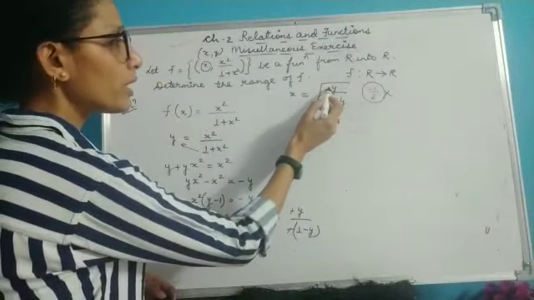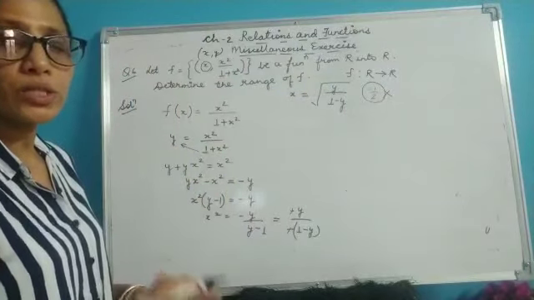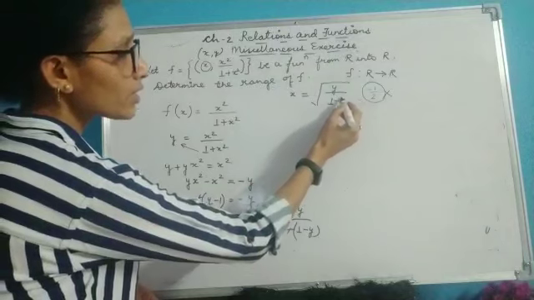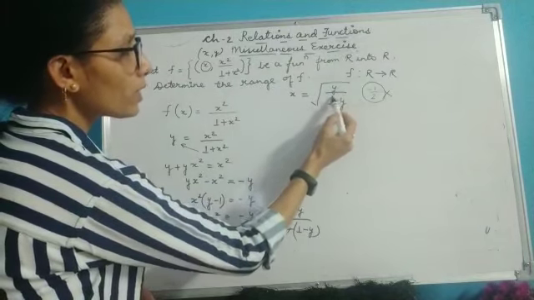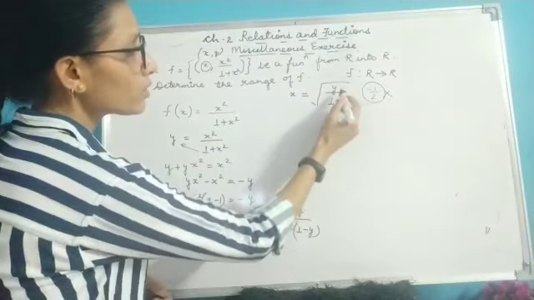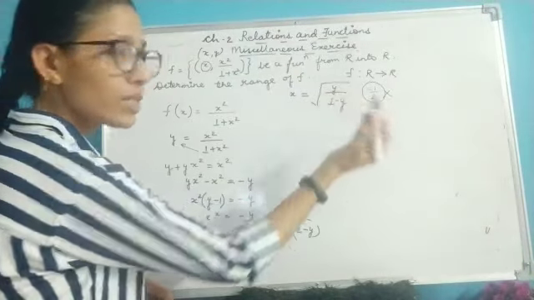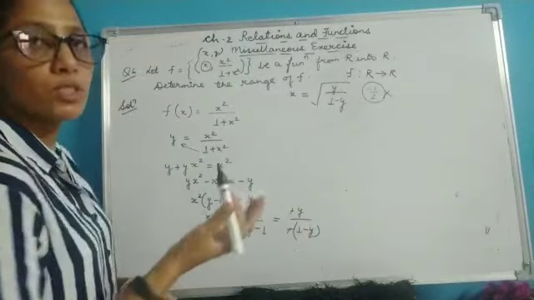That means we cannot take any negative value here. So let's see, if I take 0, then it is 0 by 1, which is equal to 0. And if I take 1, then it is coming out to be 1 by 0, which is again an indeterminate form, which does not exist, which is infinity.